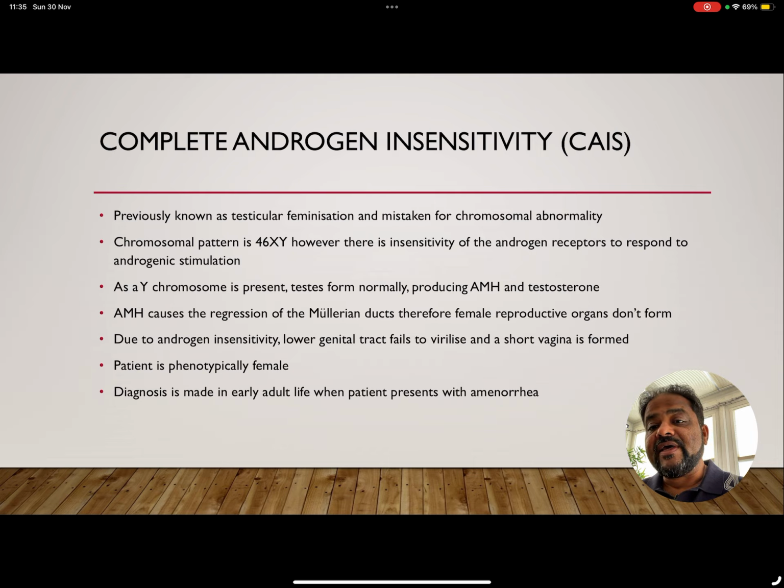However, that requires testosterone, and because in these cases there is androgen insensitivity, the receptors are not responding to the testosterone secreted, so the male external genitalia fail to develop. Because of the anti-Mullerian hormone, the Mullerian duct has regressed, so the female internal organs don't develop either, and the vagina is short.